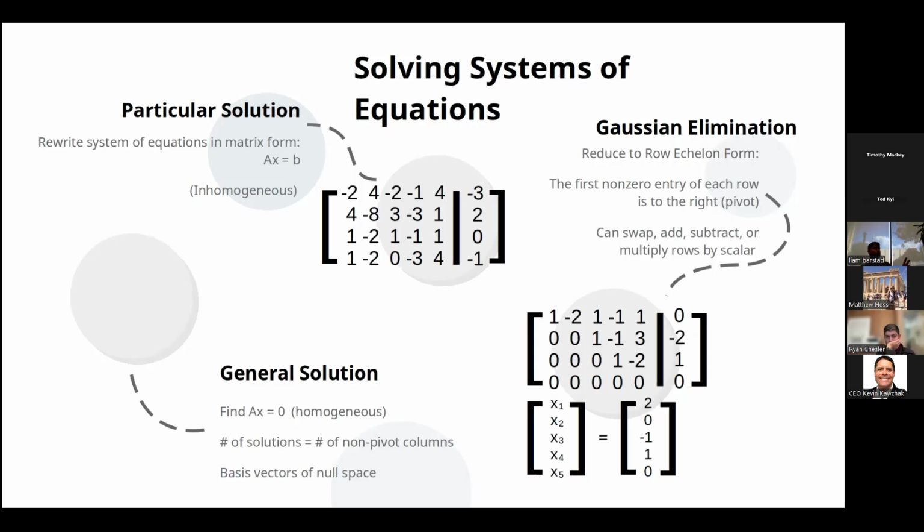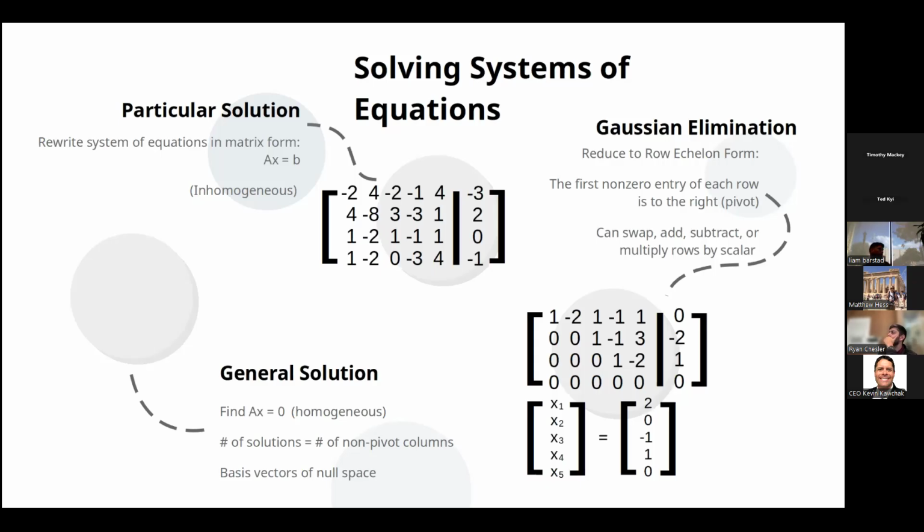And if it equals 0, then we can add it as many times as we want to the system of equations, and it doesn't change the output at all. So the number of solutions where AX equals 0 is related to the number of non-pivot columns, because those columns don't depend on any of that. And we'll get into more complicated cases as it goes.